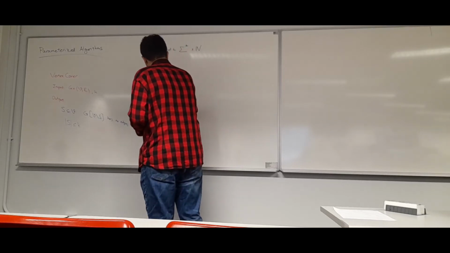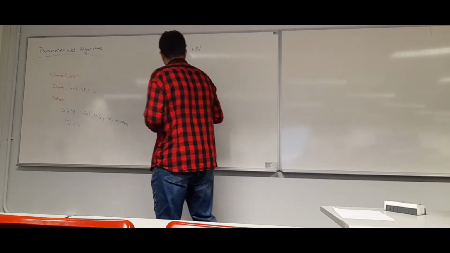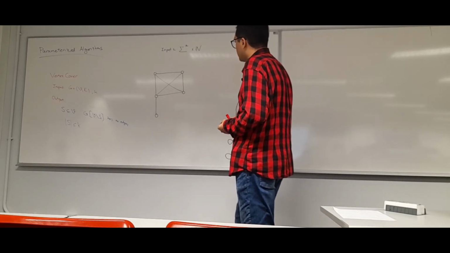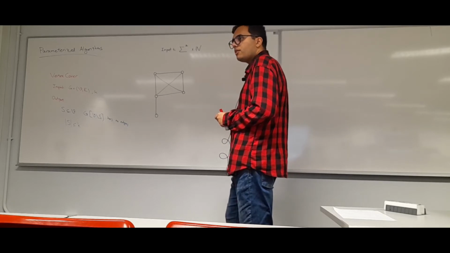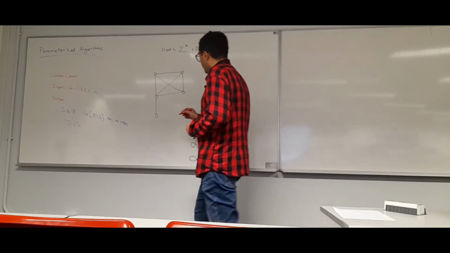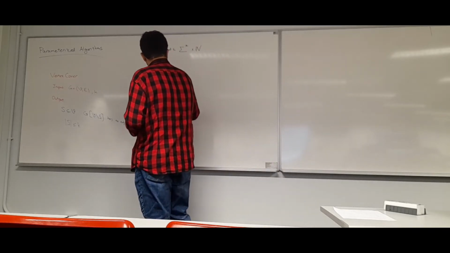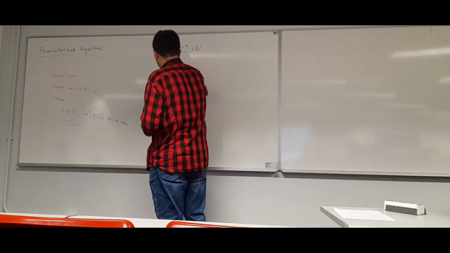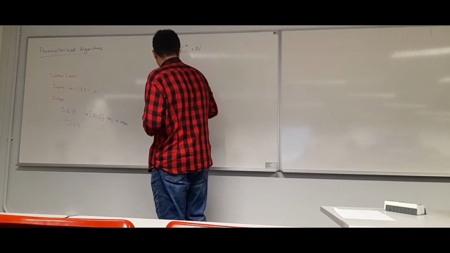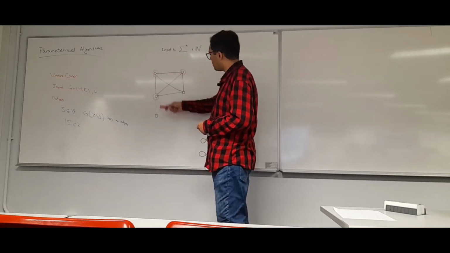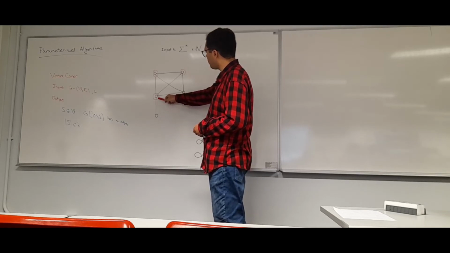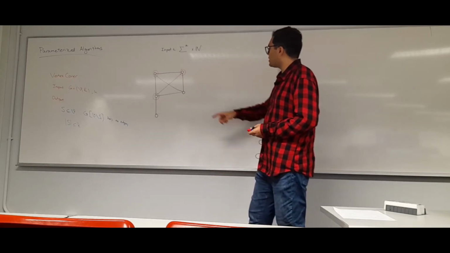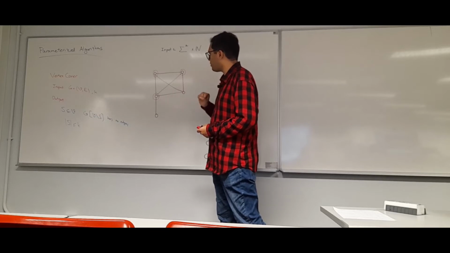So I have this graph and I want to choose some vertices so that they cover all of the edges. So I can choose maybe this one and this one and this one, right? Now, every edge that you consider here has been covered by at least one of the red vertices that I've chosen. Okay, so this is now a vertex cover of size 3 for this graph.